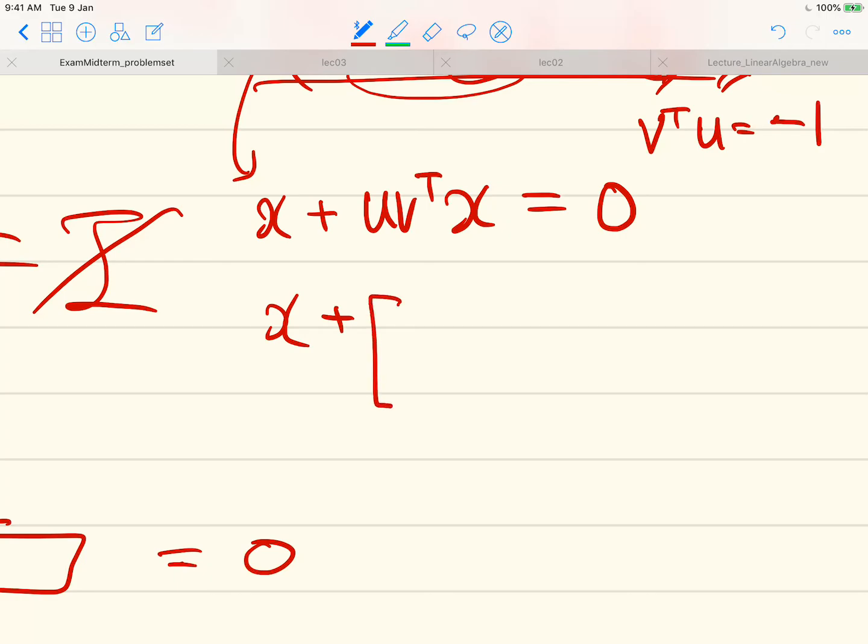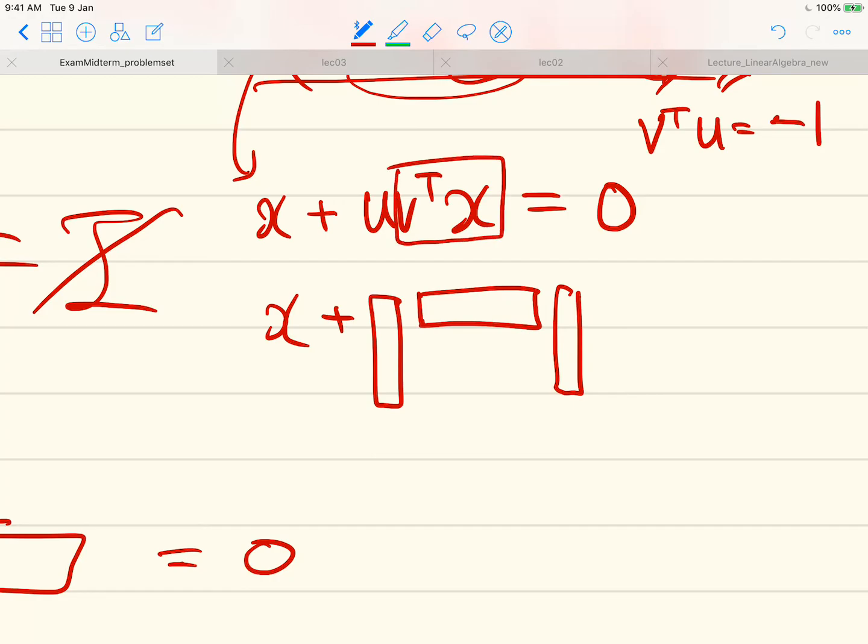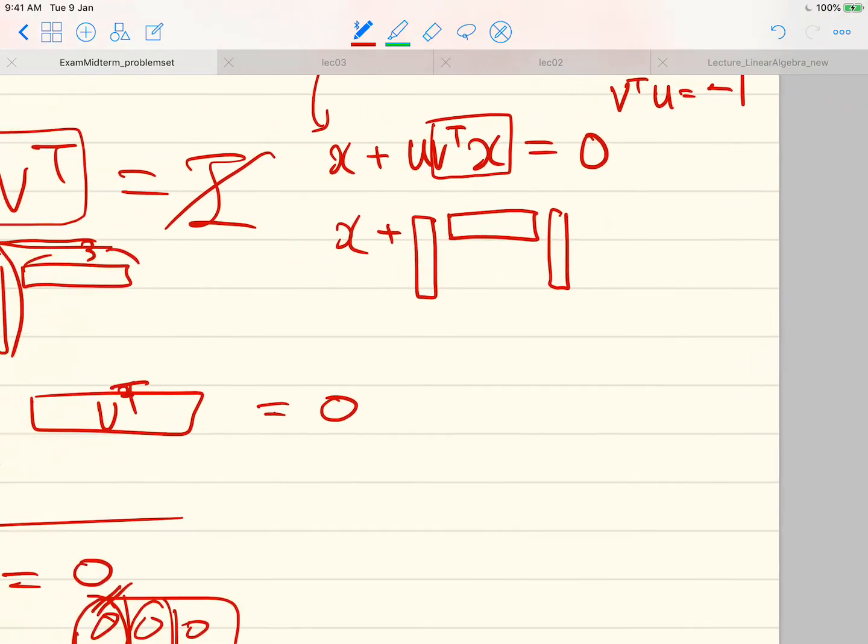Okay, so let's just try to apply the same trick. We have U and V as an outer product, and we have x over here, and so V transpose x is our scalar value.